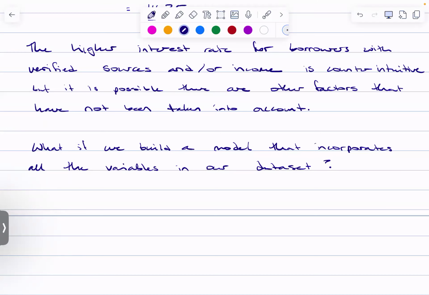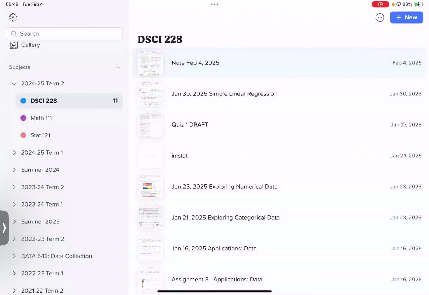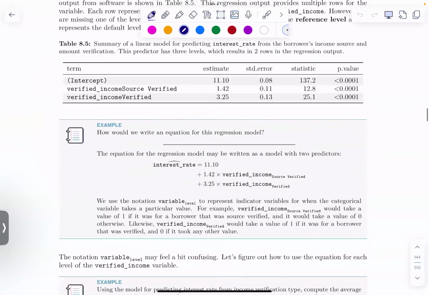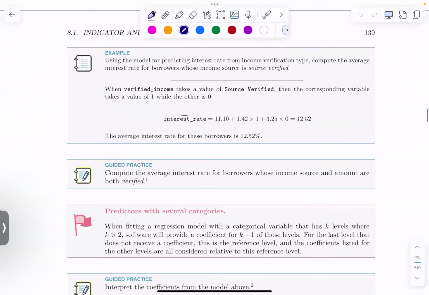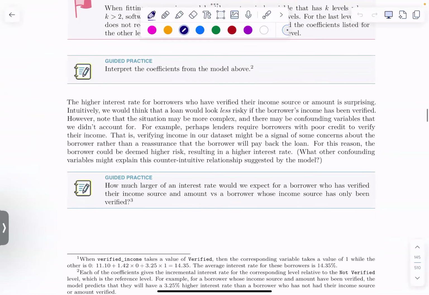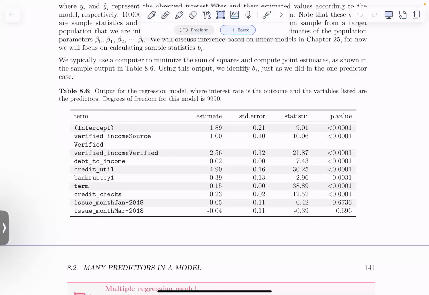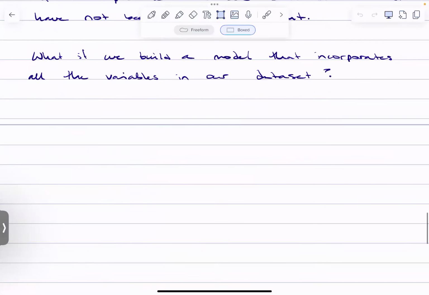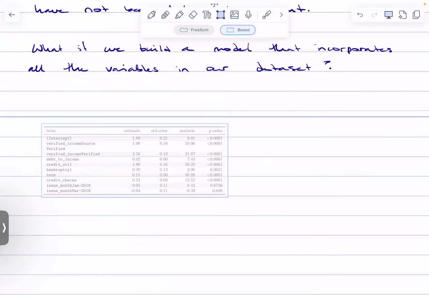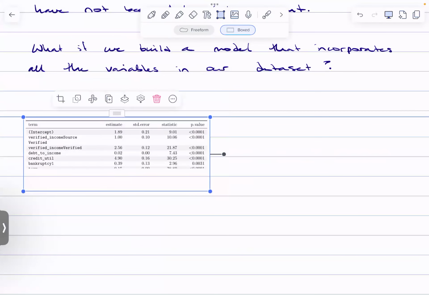What would that look like? We'd get output that looks something like this. There it is. I'm gonna move this over here.